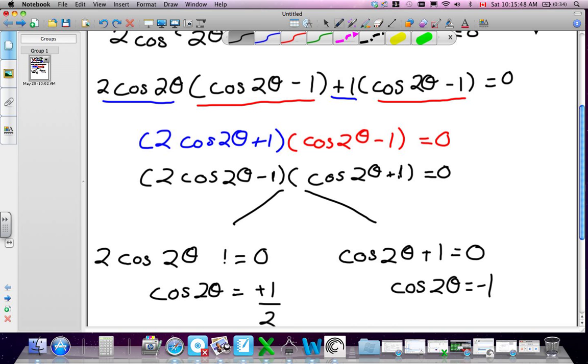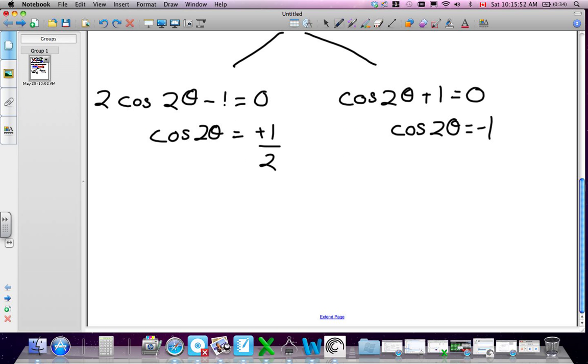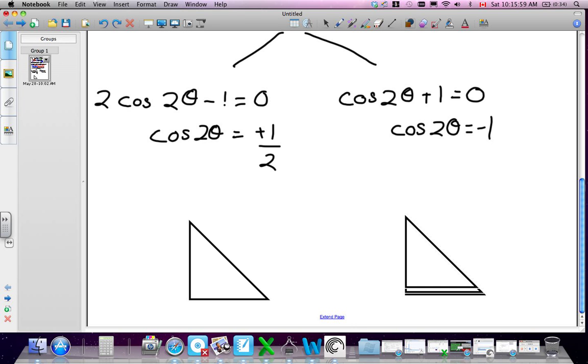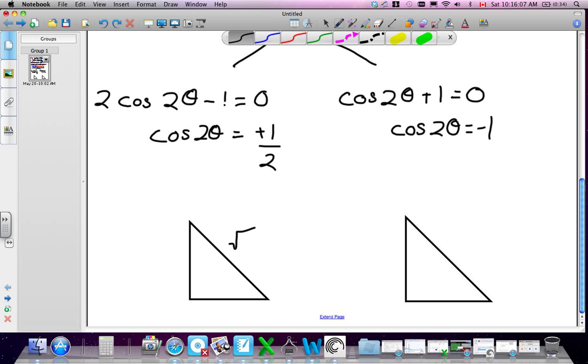Now we're going to deal with special triangles. Do you know your special triangles? There are two major ones. One is like we have root 2, 1 and 1. And you know what the degrees are in those?